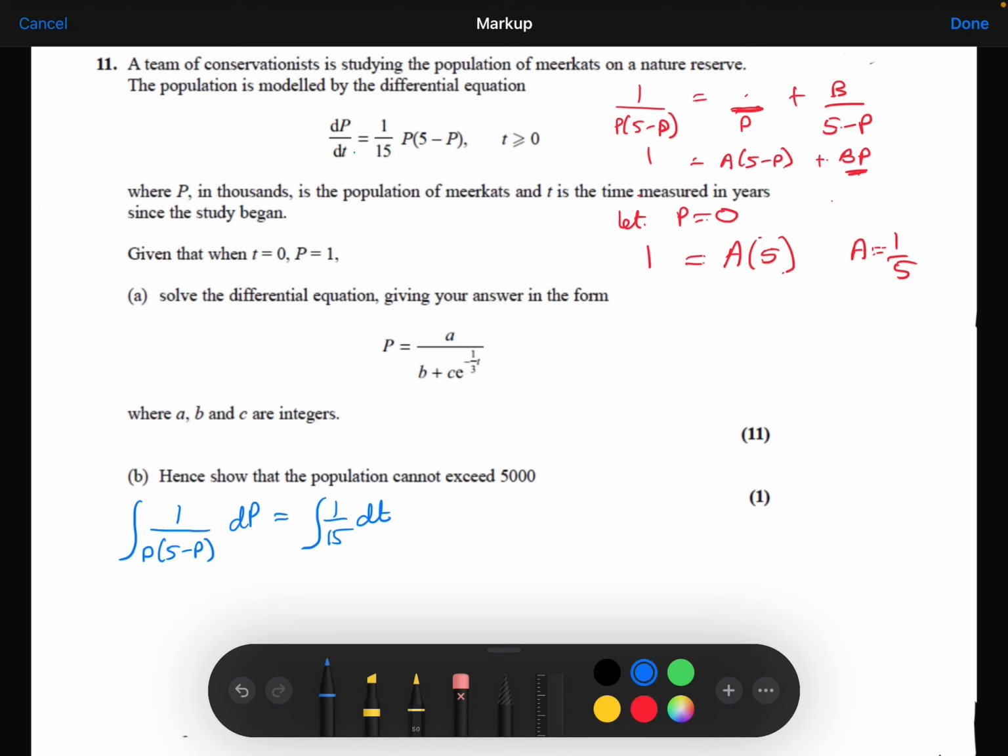So let's put that back in that equation. Let's now work out b. So I'm now going to let p equal 5, because that's going to make this term become 0. So on the left-hand side, I'll just get 1. And on the right-hand side, I've got the b times p, so b times 5. So b is 1/5.